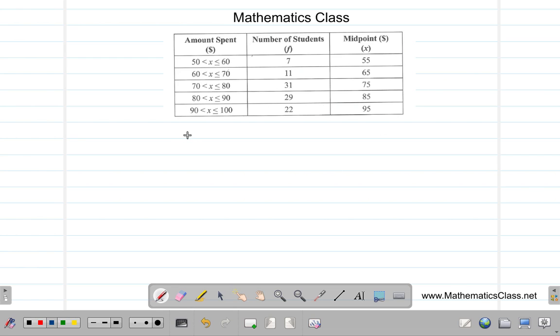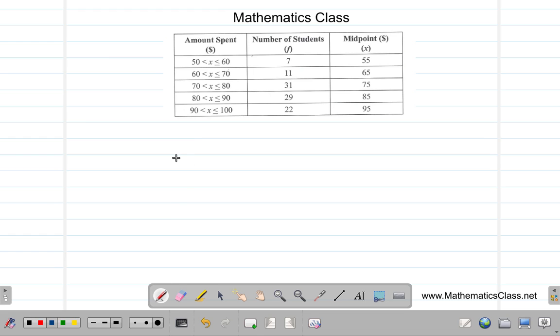Remember, the mean is what we sometimes call the average or the arithmetic mean. So remember how to calculate the mean: it is the sum of all the values divided by the number of values. Alright? So we see how this goes.